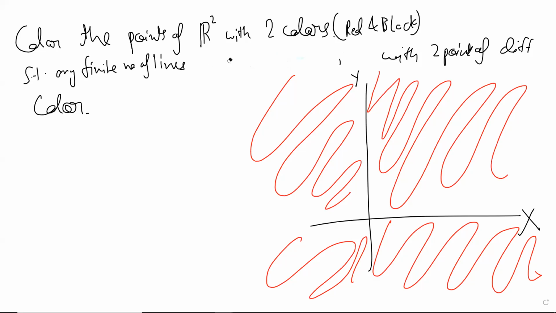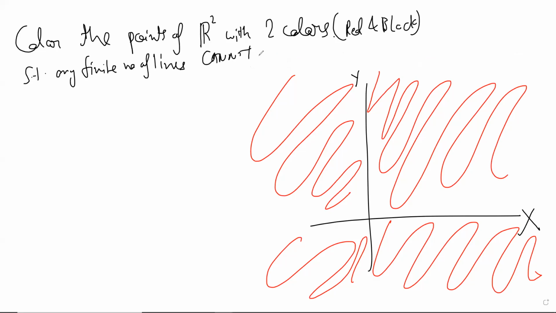I'll describe this more clearly. This can be said, then we don't need more language about closed curves and so on. So any finite number of lines cannot separate. Or maybe any polygon cannot separate, you could say.